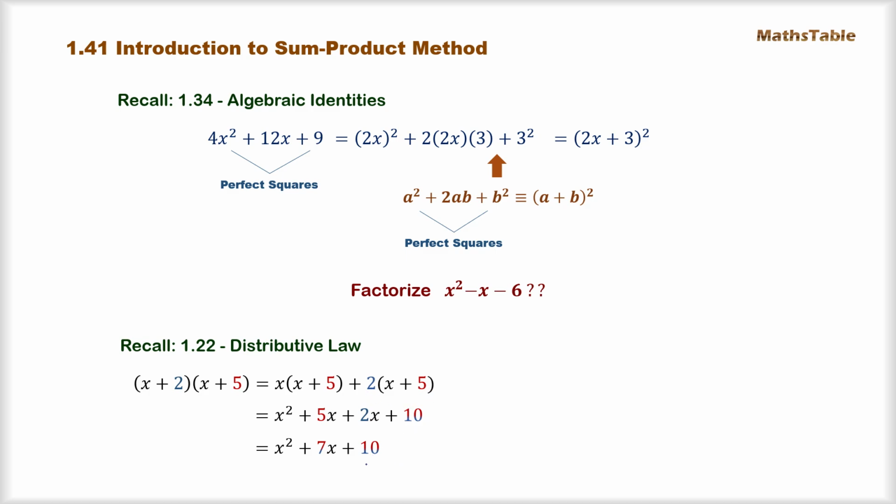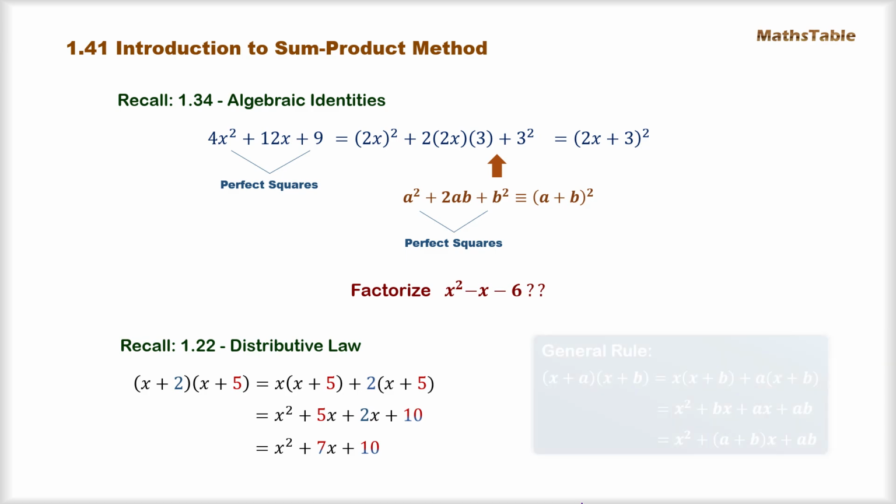So there is a particular relation between the coefficient of the middle term and the final constant term. We can clearly see that if we need to go in the reverse direction to obtain the factorized form of such an expression, where 10 is not a perfect square, just as in the case of 6, we can apply the distributive law in reverse to obtain the factorized form of such an expression.